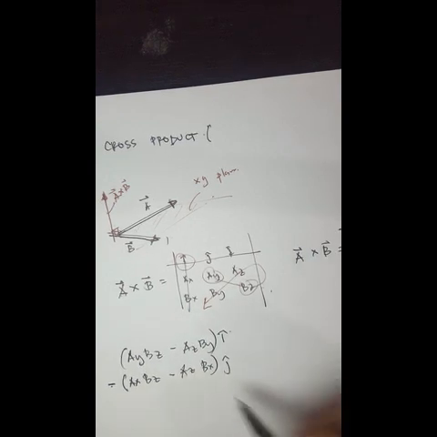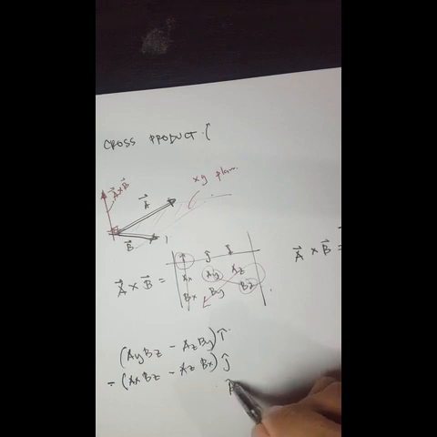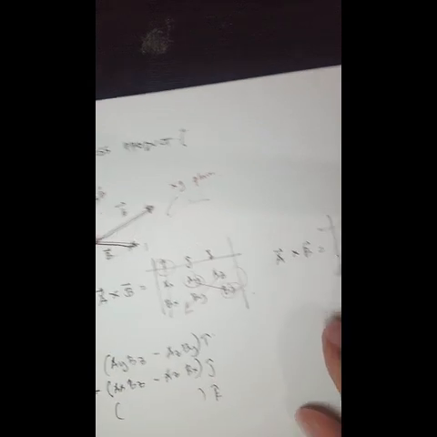That's the j component. Another one is the k component, and it's done the same way.